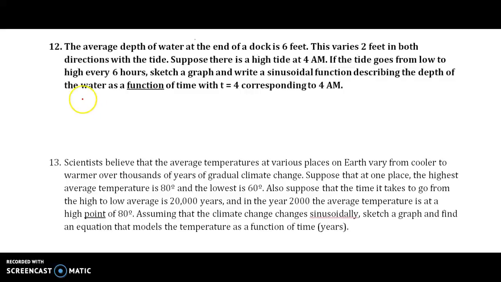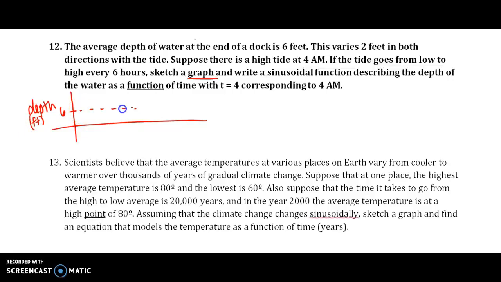So that tells me if I want to draw this graph, because it says sketch a graph, and if we make the y-axis the depth, that means that at 6 feet, here, 6 feet, that's like the midline.